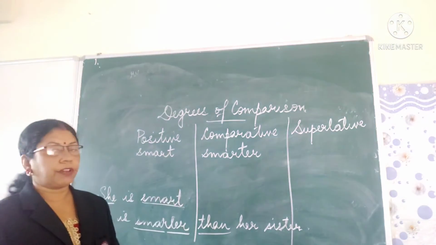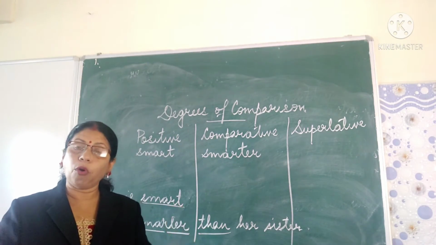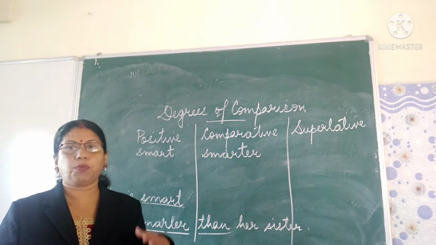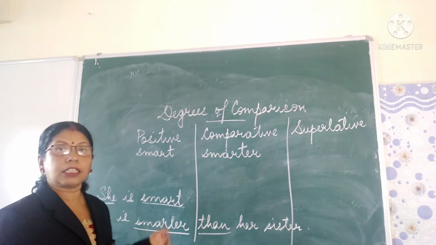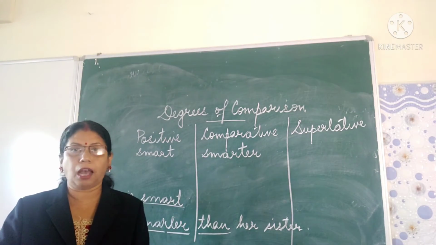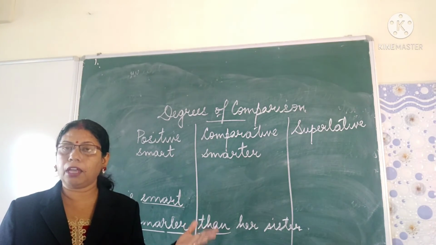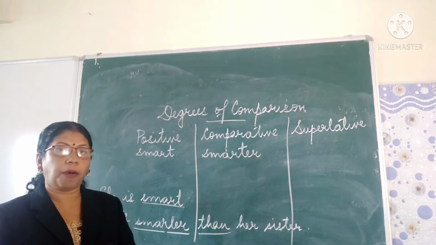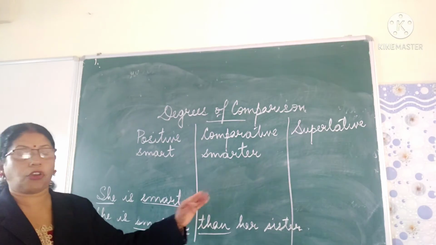Then the last one, superlative, means the comparison is between more than two. If I say she is the smartest of all, I am talking about sisters, friends, anybody in the area, so it is not mentioned. Among all, she is the smartest of all.